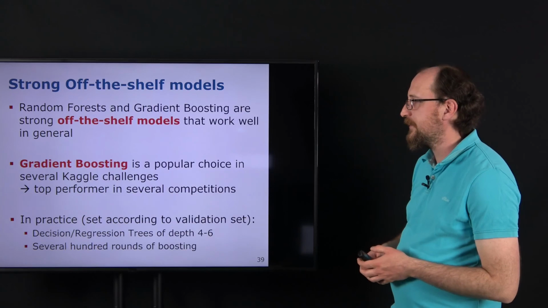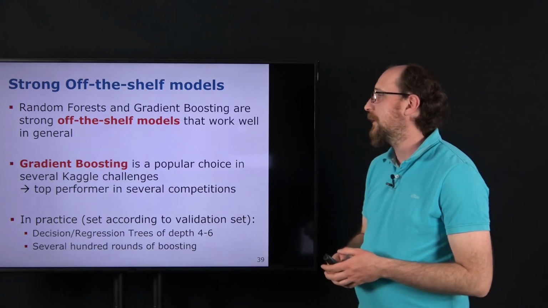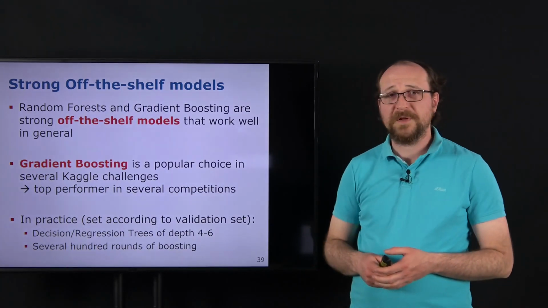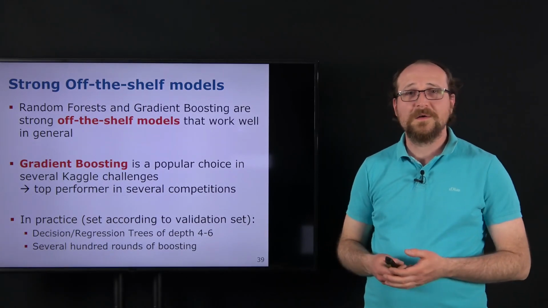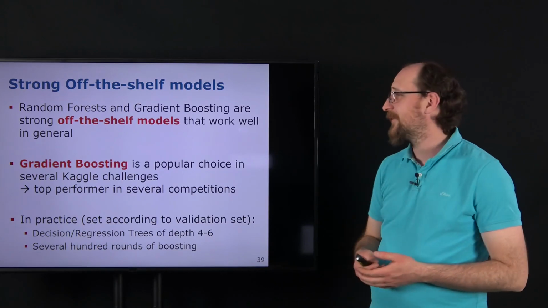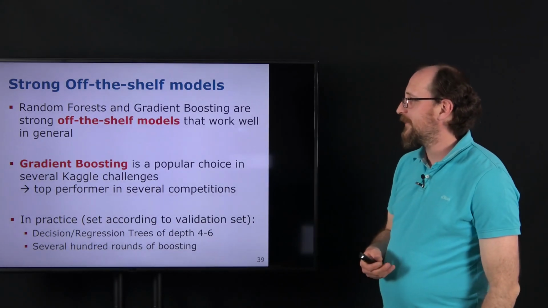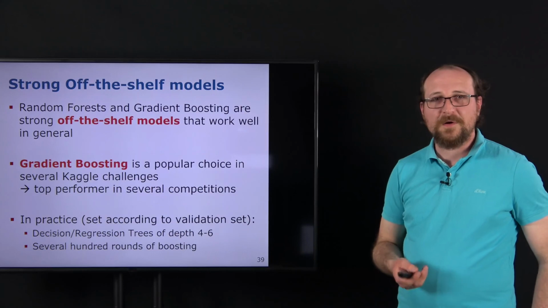And I would say the same is maybe true for the random forest. But as I said, it really depends on your problem and how it works out in the end, and therefore this is something that you definitely have to figure out on the validation set.